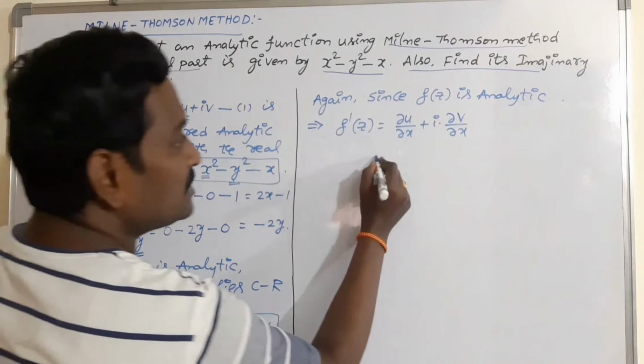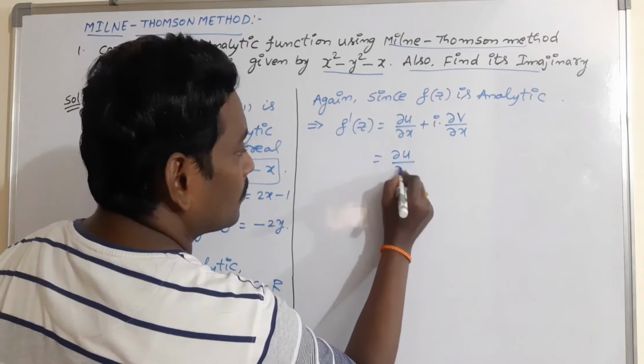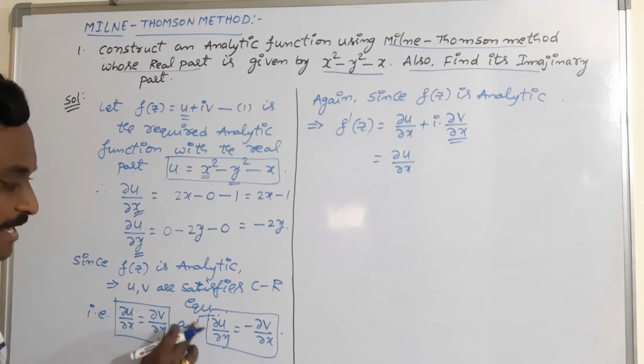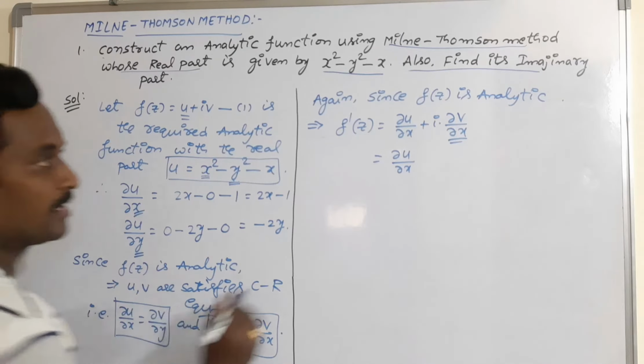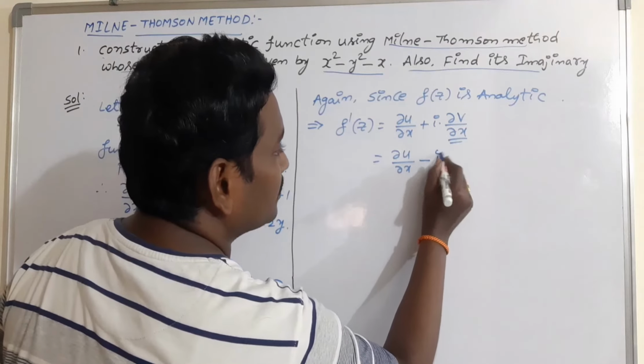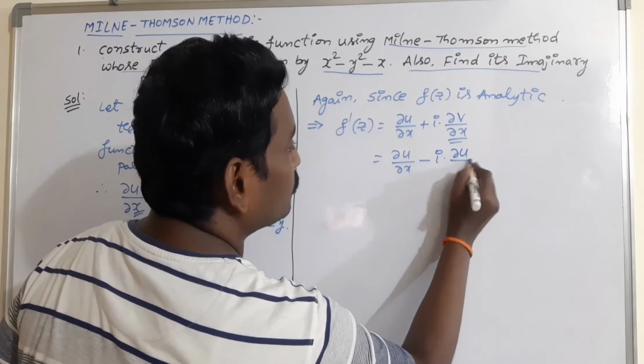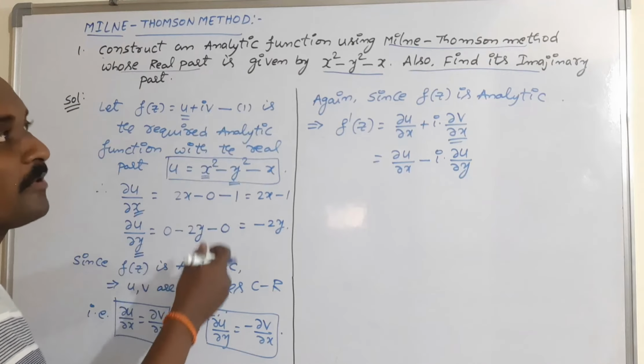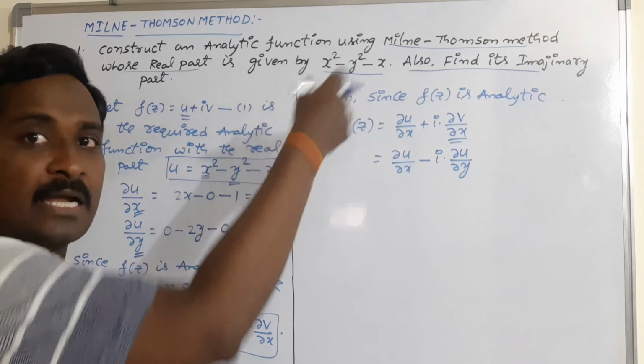So by using CR equations, we can take dou v by dou x as negative of dou u by dou y. I will replace it by negative of dou u by dou y, because we don't know about the imaginary part. The imaginary part is not provided in the statement, only the real part is given here.